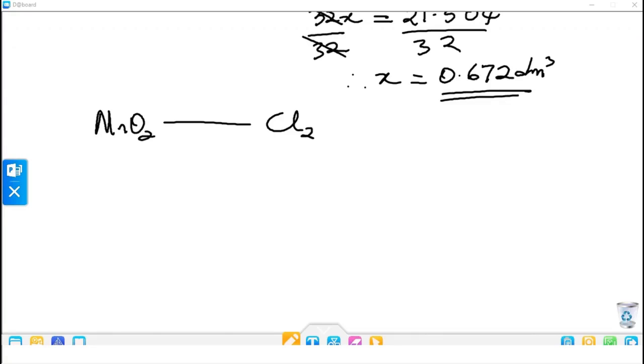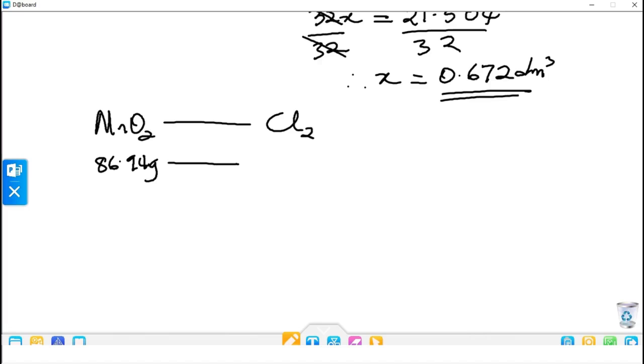From what we have from the equation, which is already balanced for us, the formula weight, that is the molar mass of MnO2, is 86.94. That is to say, 86.94 grams of MnO2 produces a quantity of chlorine, which we don't know. But we can go ahead calculating that.